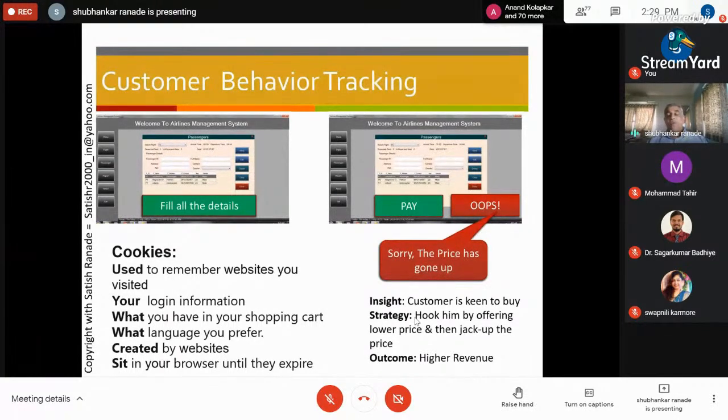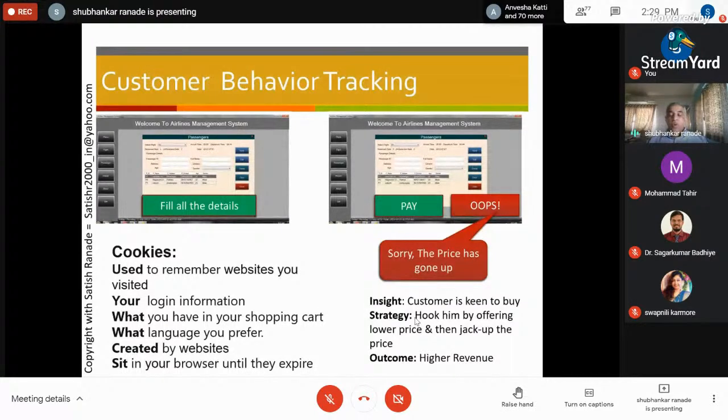So you say, okay, even if it is 3,800, that's fine. Now, what was available at 3,500, they are now selling at 3,800. Straightaway 300 rupees extra profit.